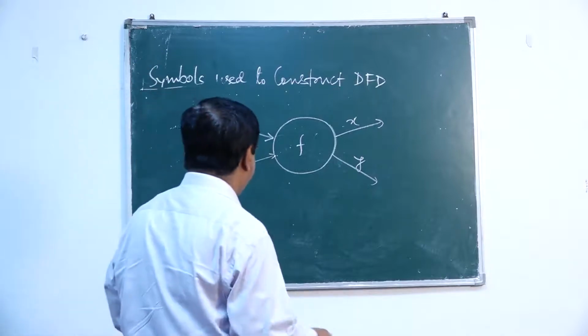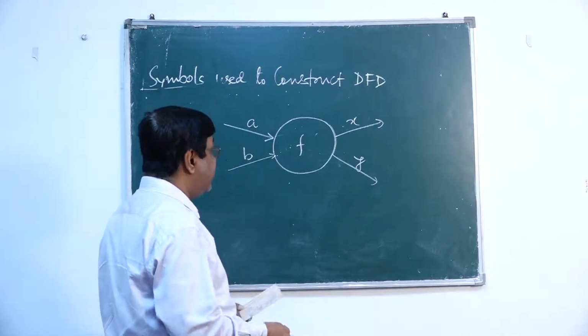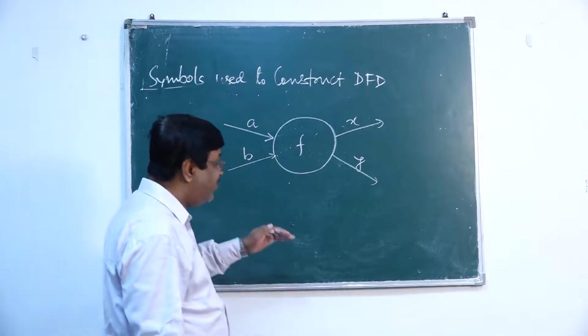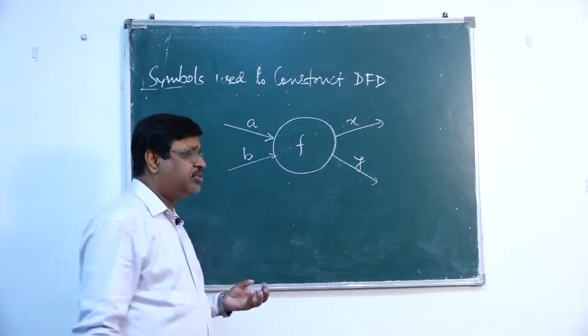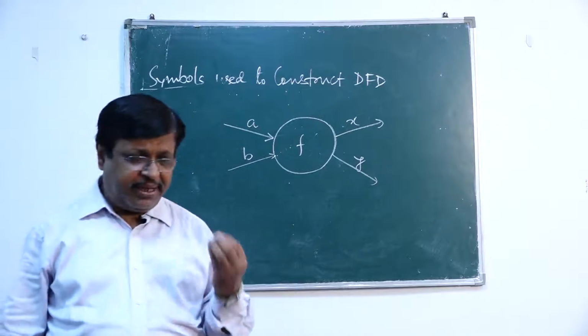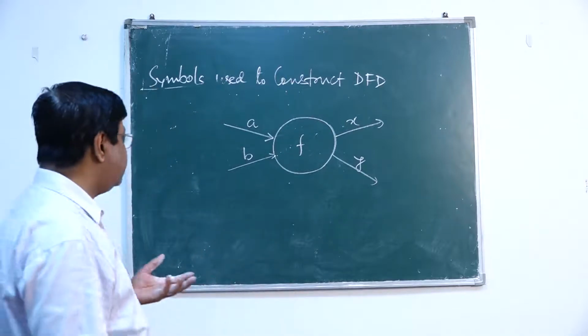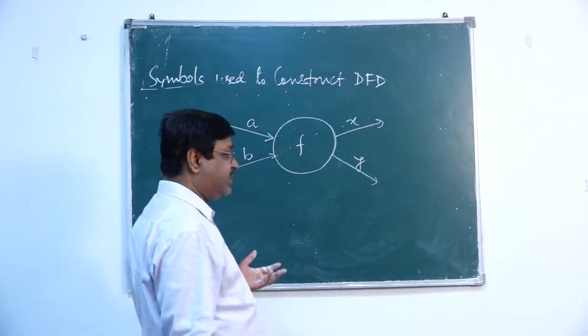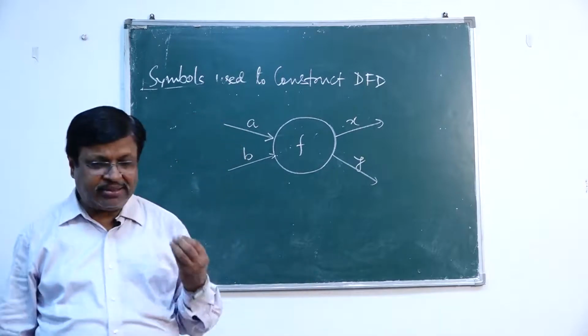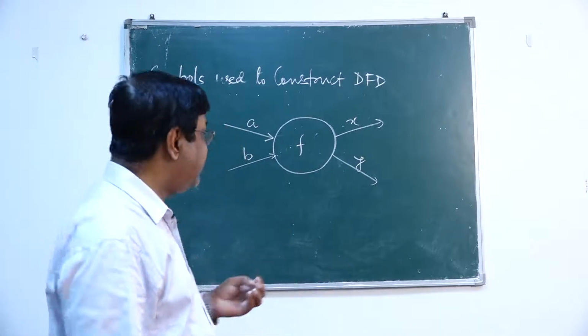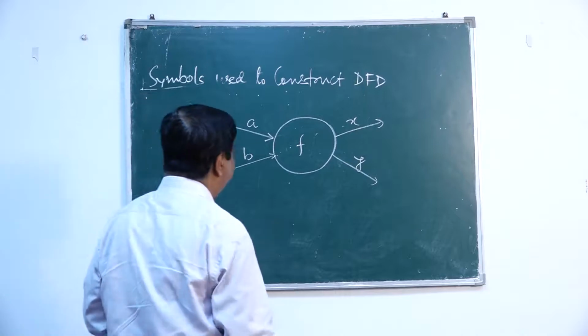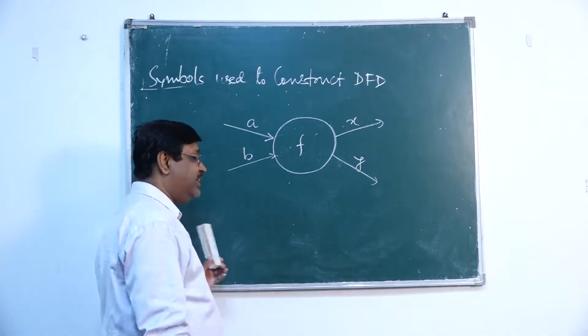So, the DFD is broken into a number of levels. We don't show every process at one level, because it would increase the complexity. The networking of arrows would lead to high complexity, and we won't be able to understand what this DFD says.